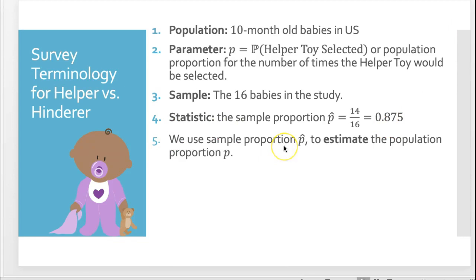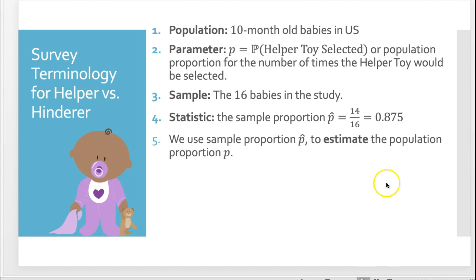Cool. So we use the sample proportion p hat to estimate the population proportion p. This statistic becomes an estimator because we are using it to estimate the parameter, and that becomes an estimate.